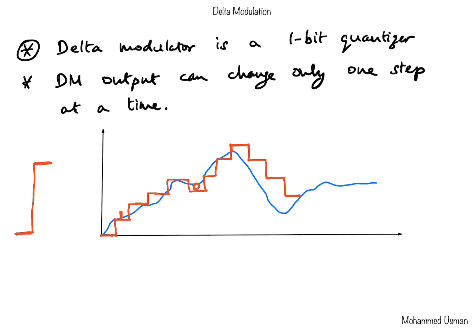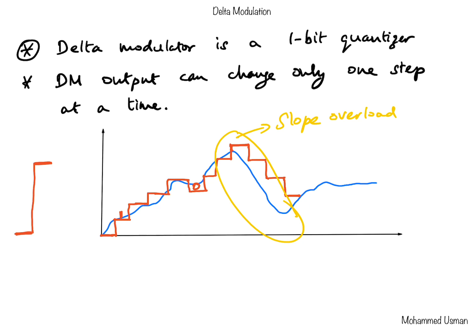So it's called slope overload in delta modulation. Let me mark that. This part of the signal denotes slope overload in delta modulation.